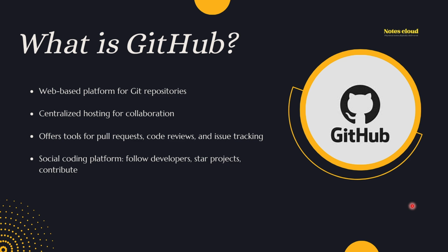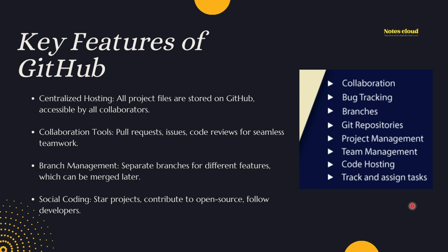Key features of GitHub. GitHub offers several more key features. Centralized hosting: GitHub provides a cloud-based platform for storing your repositories, making it easy to access and collaborate from anywhere. Collaboration tools: GitHub includes features like pull requests, code review and issue tracking, facilitating effective teamwork and project management.